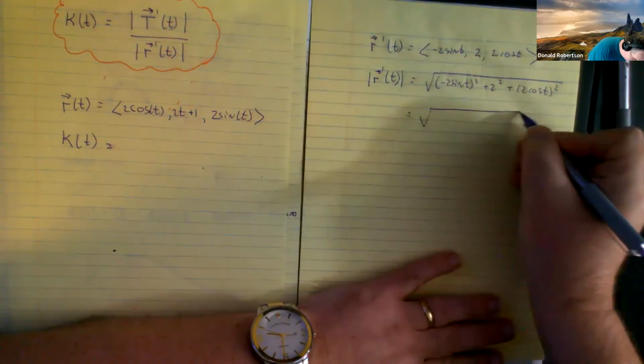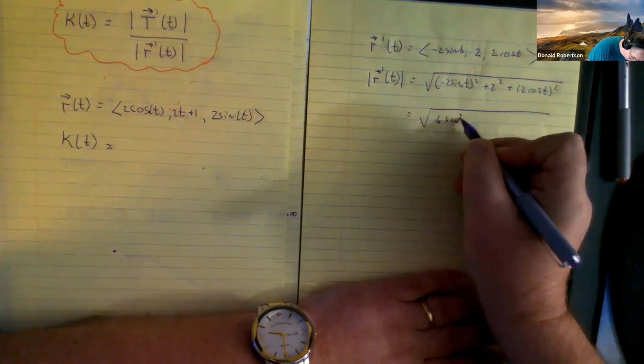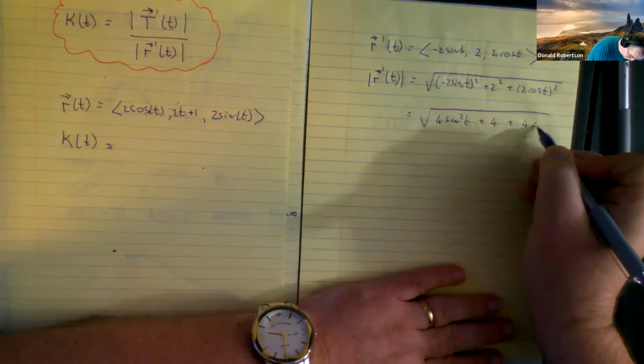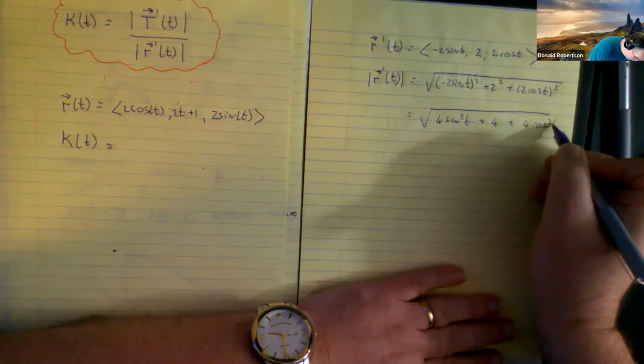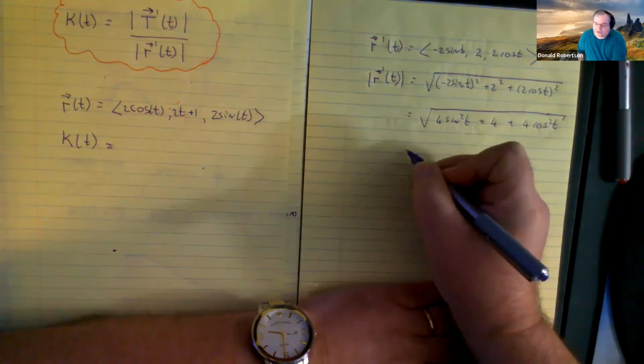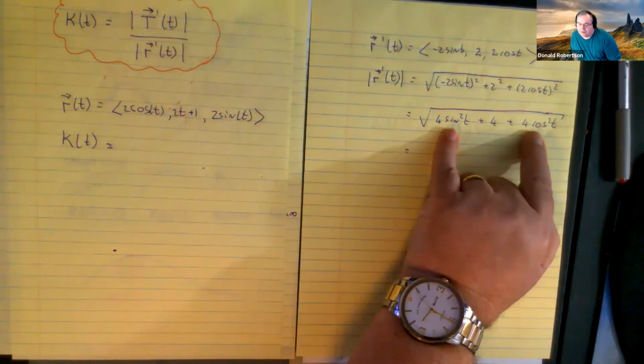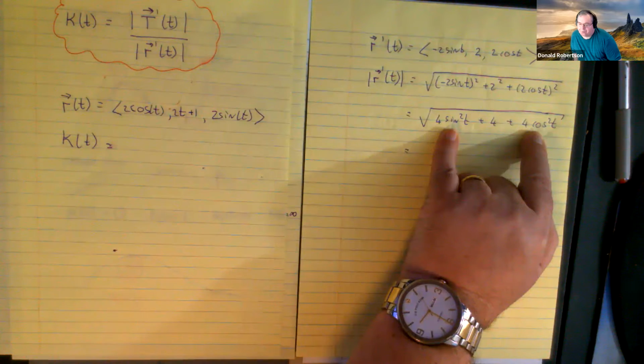And that's 4 sine squared plus 4 plus 4 cos squared. Okay, style points. This actually simplifies really nicely, doesn't it?